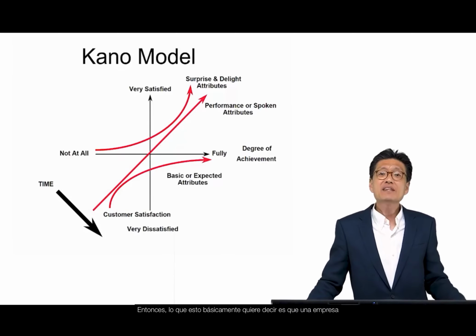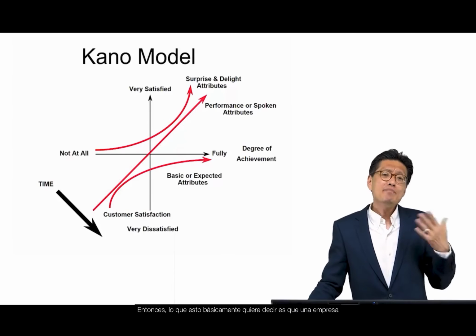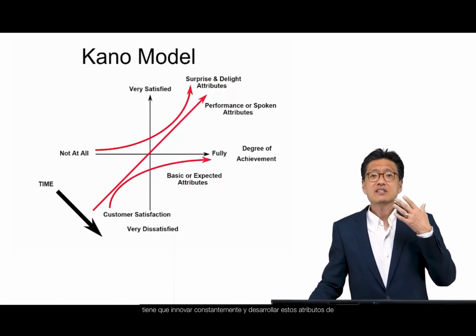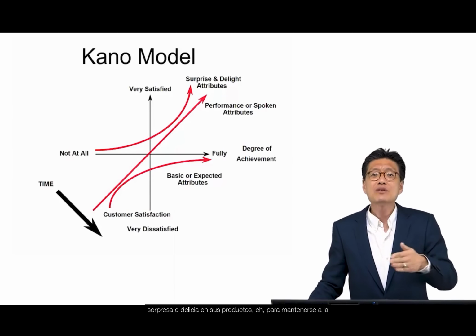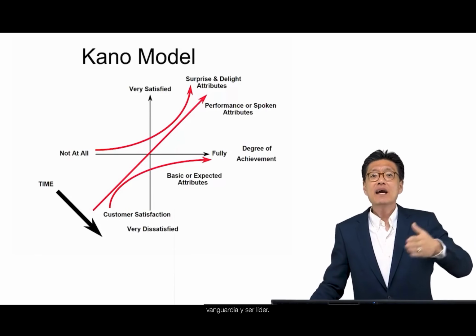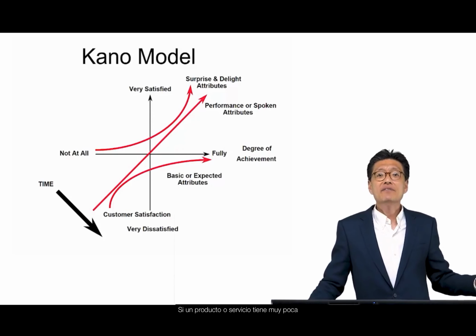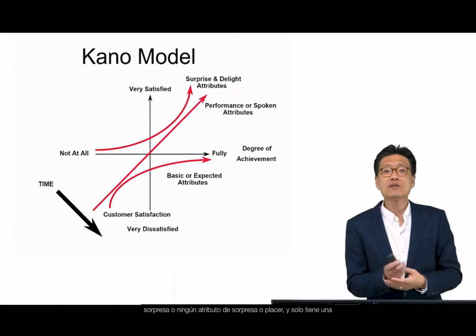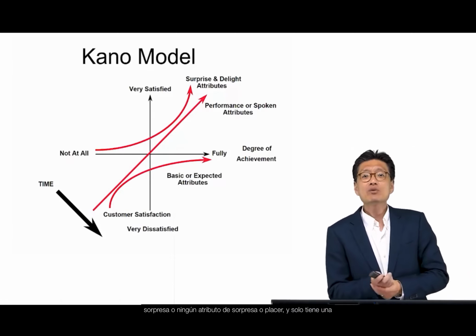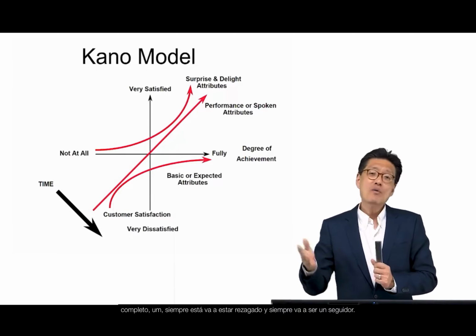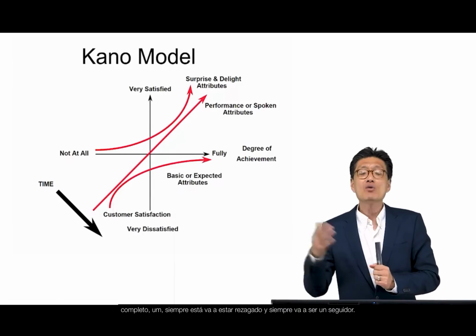So what this is basically saying is that a company has to constantly innovate and develop these surprise or delight attributes into their products in order to stay ahead of the pack and be a front runner. If a product or service has very little or no surprise or delight attributes and only has basic or expected attributes, even if you fully achieve those, you're always going to be lagging and a follower.